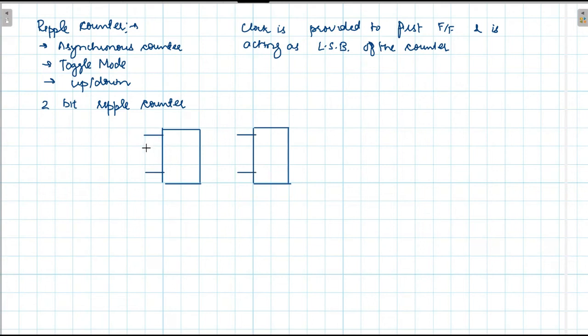Then, as discussed already, the first one is provided the clock and the output of the first will act as a clock for the next.